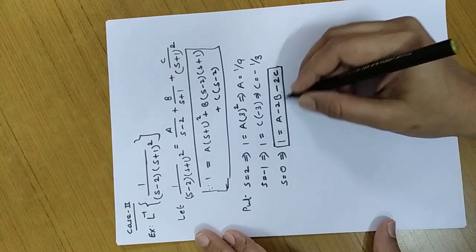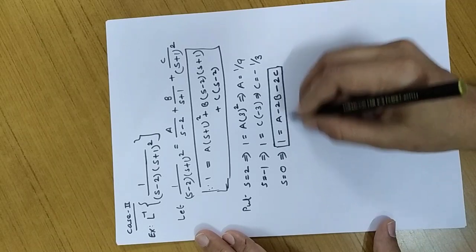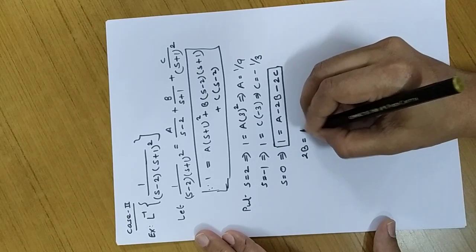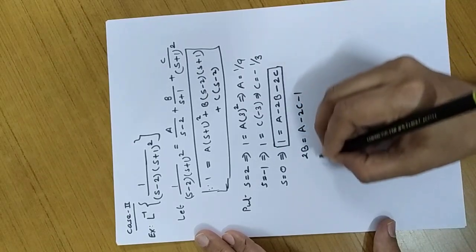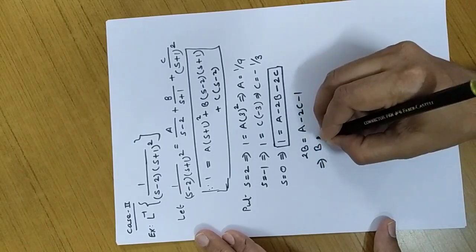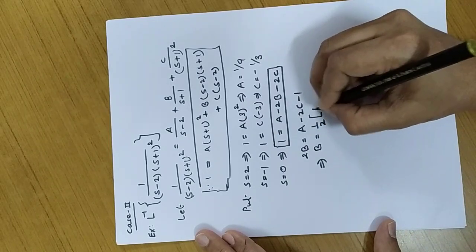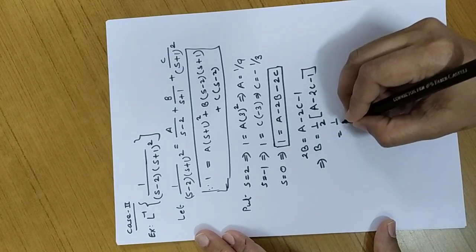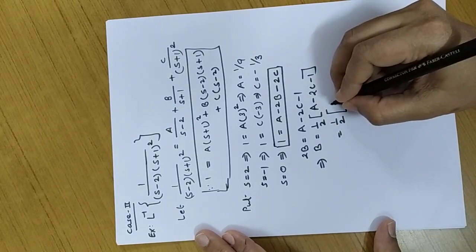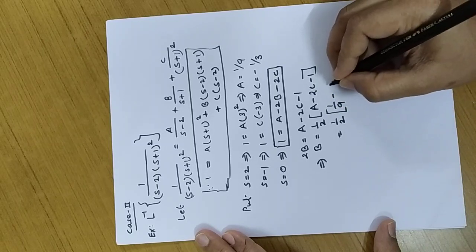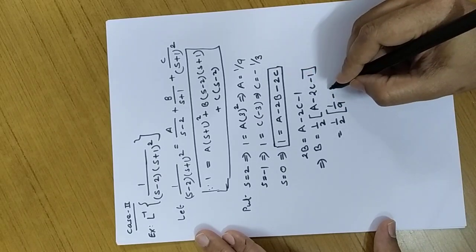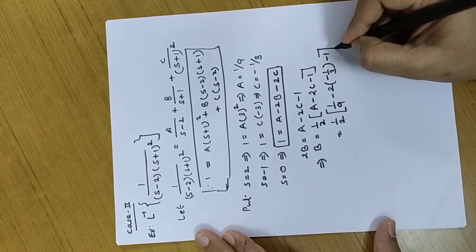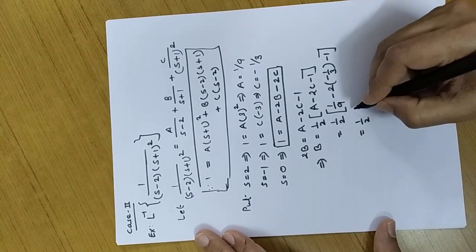You can write B in terms of A and C. 2B is equal to A minus 2C minus 1, so B is equal to 1 by 2 (A minus 2C minus 1), where A is 1 by 9 and C is minus 1 by 3, minus 1. Now simplify this term.